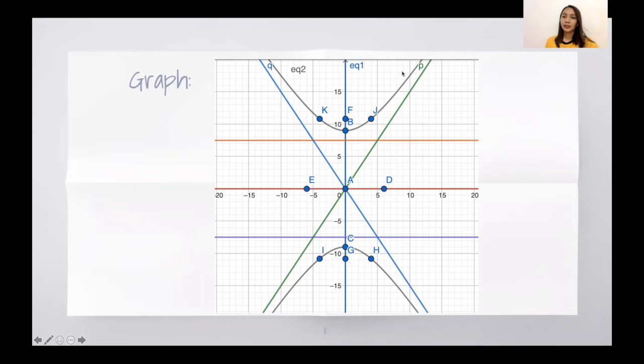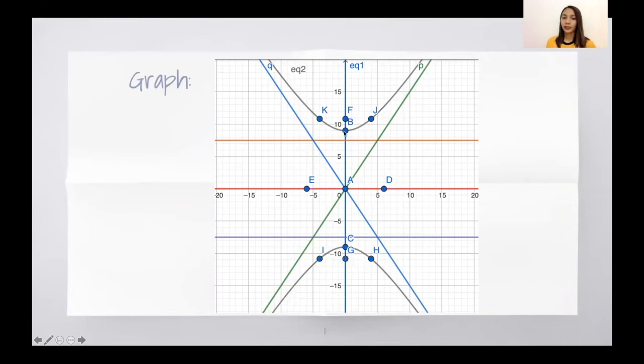As you can see, this is an example of a vertical transverse axis. So ito yung transverse axis niya. Ito yung branches. As you can see, this is the foci. Ito yung first foci, F1 and F2.